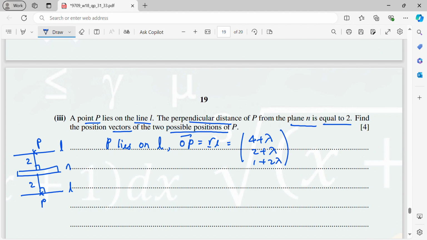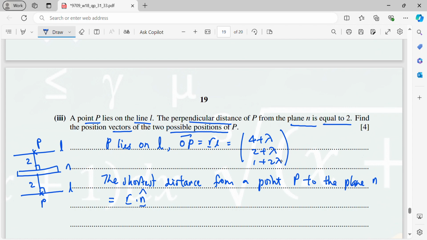Okay, now the distance formula, the shortest distance from a point P to the plane N. Okay, the formula is r dot n hat, where this n hat comes from the normal vector of the plane N, minus p dot n hat.